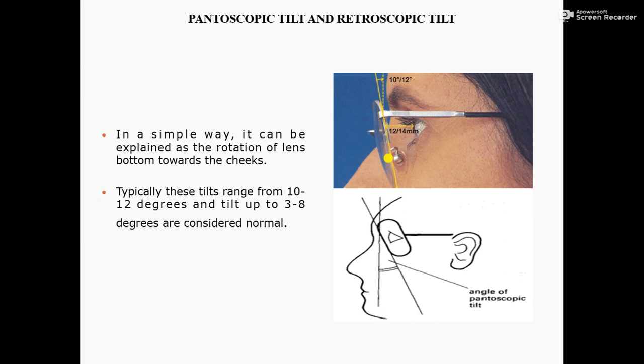This angle should be 10 to 12 degree. And the back surface of the lens to the front surface of the cornea, that is 12 to 14 millimeter. This is back vertex distance.